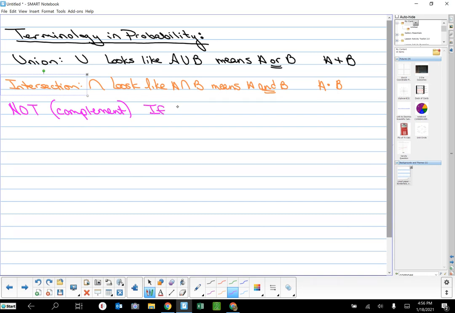If normally you're talking about A, then not A is A with a little hyphen after it, and it means 1 minus A mathematically. So if you want to find, let's see, is there an example in here? I don't know if I have one in my book. I did have one somewhere else. Let's do this.